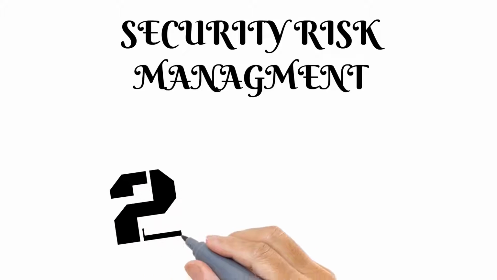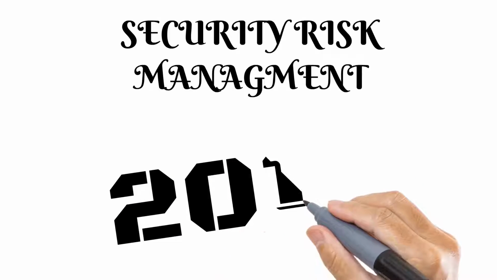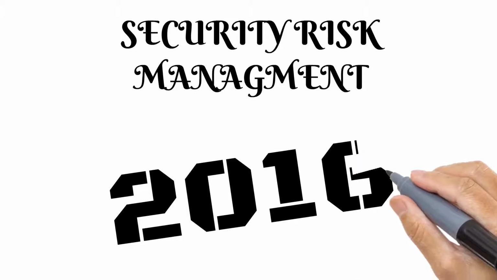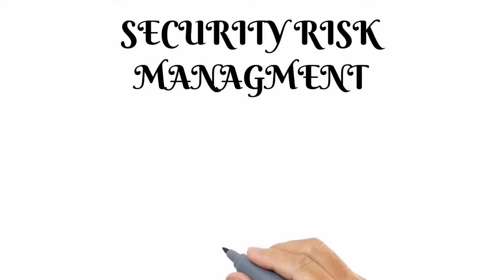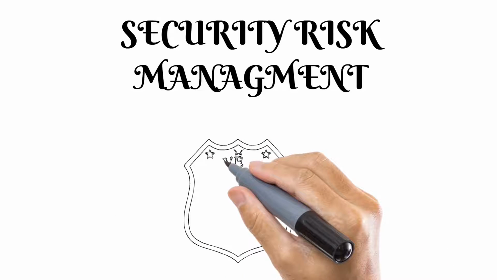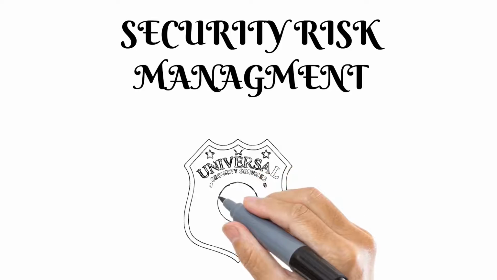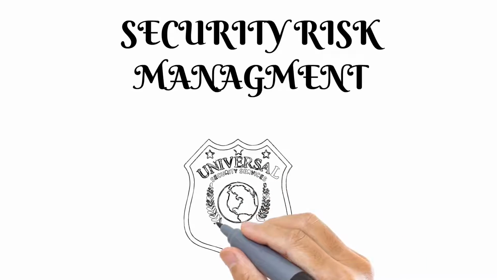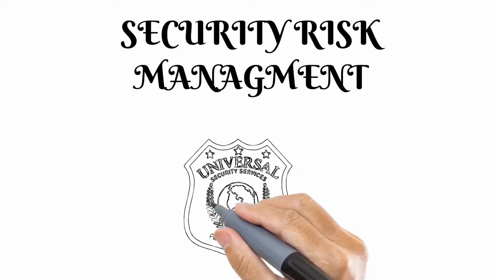In 2016, a universal standard for managing risks was developed in the Netherlands. In 2017, it was updated and named Universal Security Management System Standard 2017.